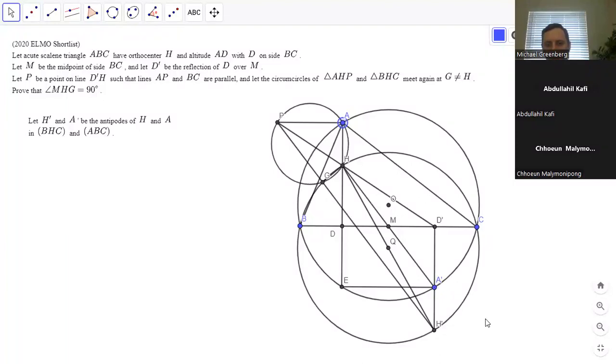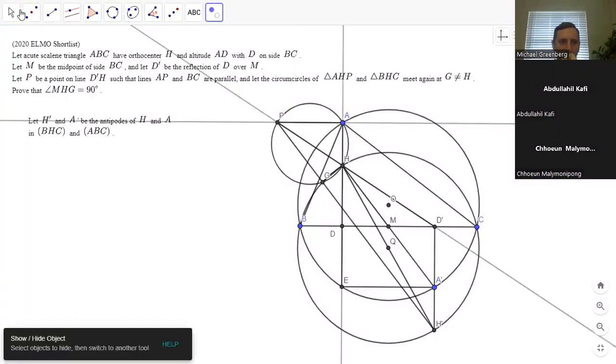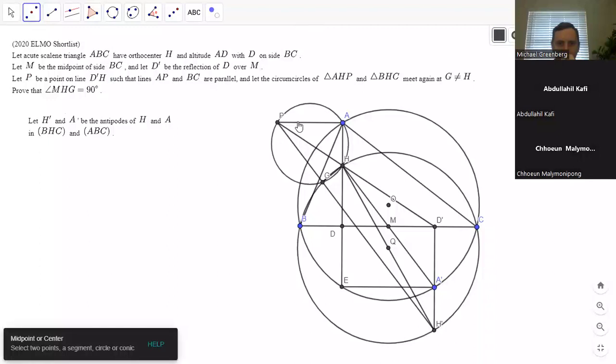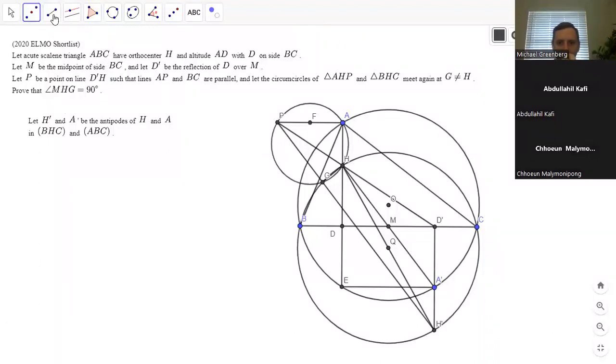And maybe I do need point F. Maybe I'll add that back in, because then we know that we want to show HF is parallel to GP.